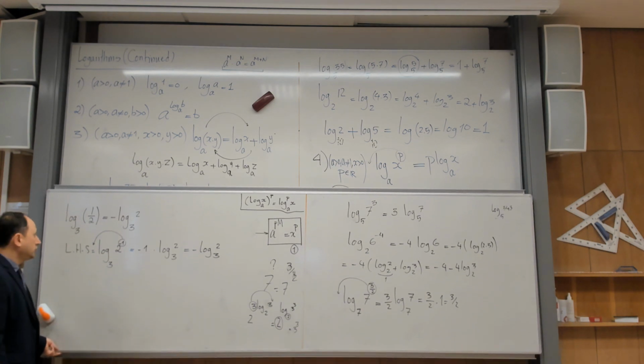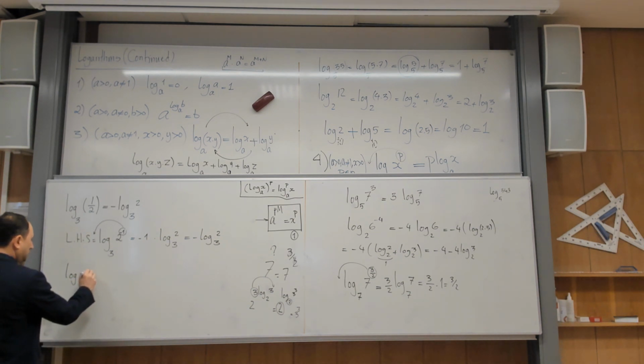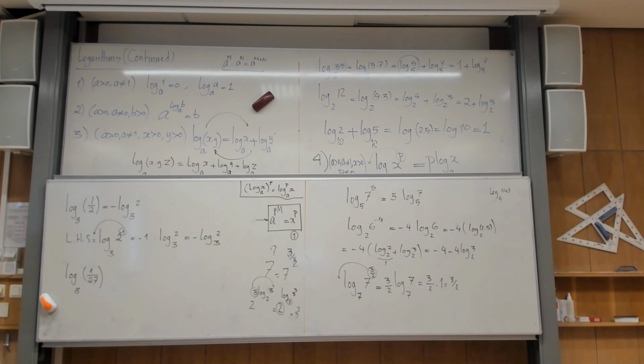For example, a log of 1 over 27 in base 3. Of course, you can immediately calculate the answer using the definition, but if you want to, you can use a mixture of these properties.